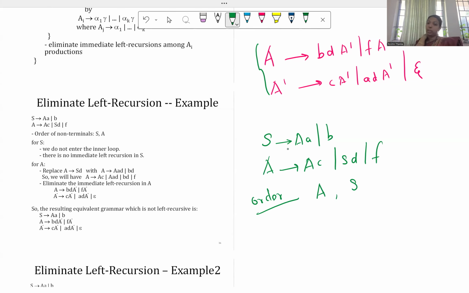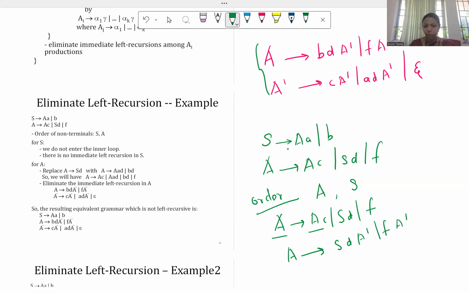Okay, so now let us see in this case as well. If I write the production A tends to AC, SD and F, then if you directly see, there is a left recursion, right? So I have to change it. How will I change it? A tends to take the remaining: SDA dash and FA dash.